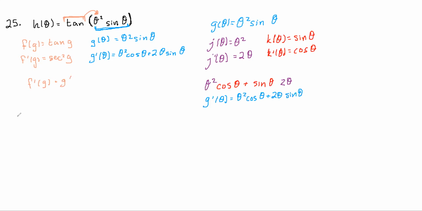So f prime of g is going to be secant squared of g, and g is going to be theta squared sine theta. This is our original g here. And then I'm going to multiply it by g prime, which is going to be this long thing that we just figured out using the product rule.